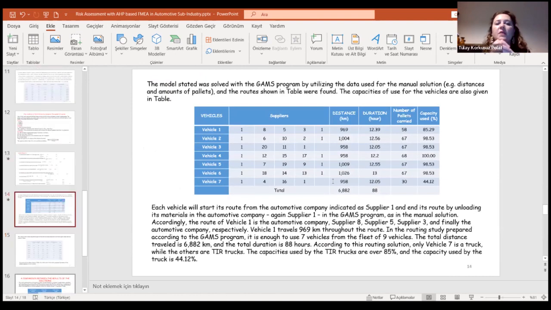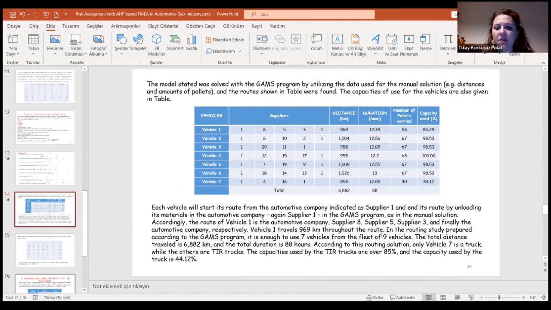The model was solved with the GAMS program by utilizing the data used for the manual solution, and the routes shown in the table were found. The capacities of use for the vehicles are also given in the table.